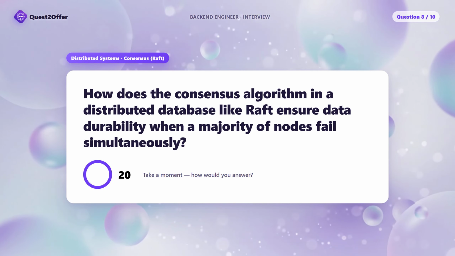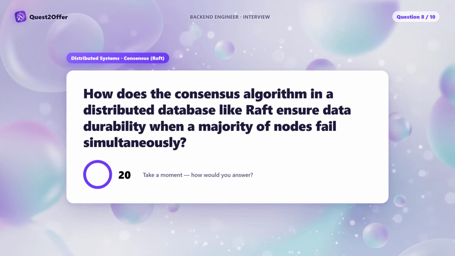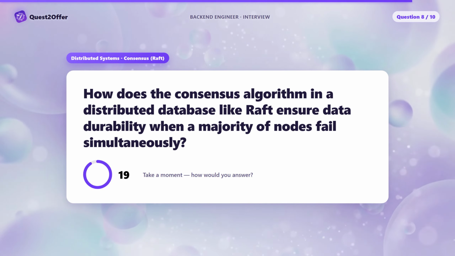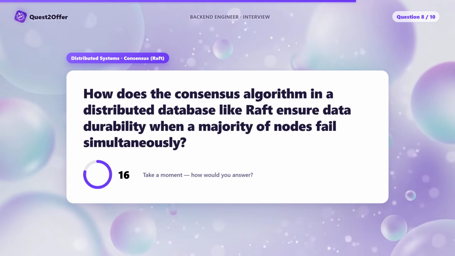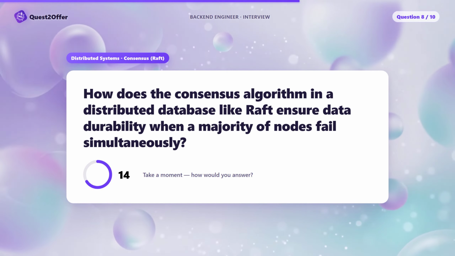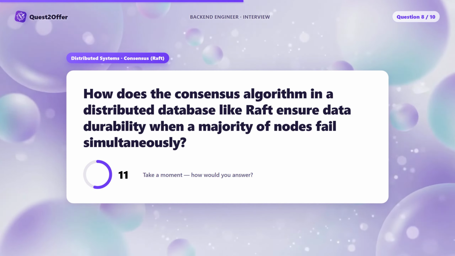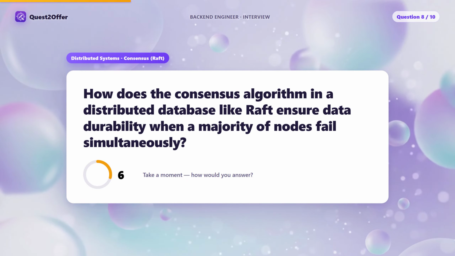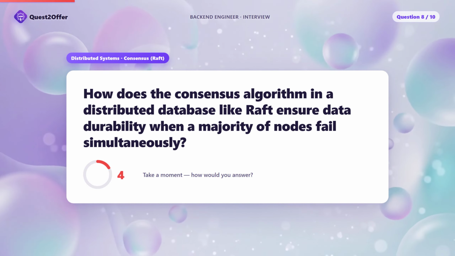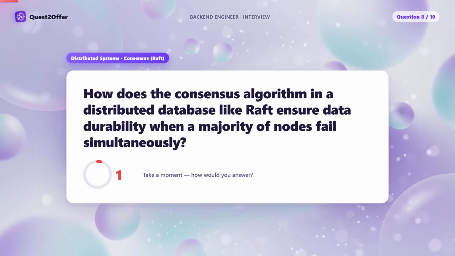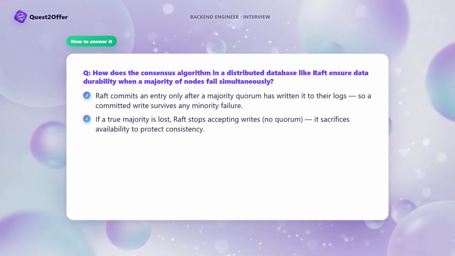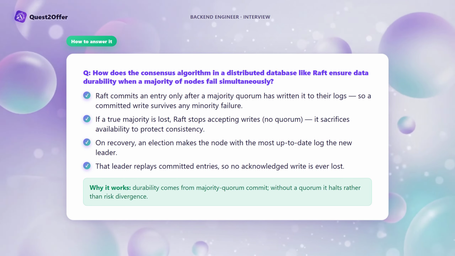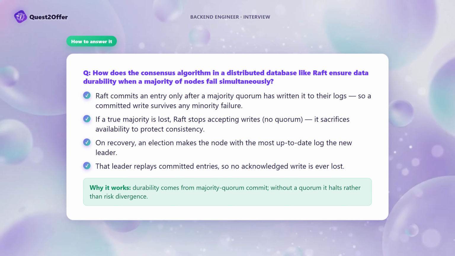Question 8. How does Raft keep data durable when a majority of nodes fail? Raft commits an entry only after a majority of nodes have written it to disk, so any committed write survives losing a minority.